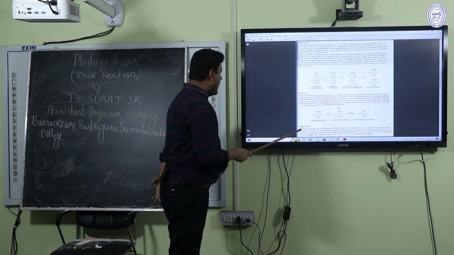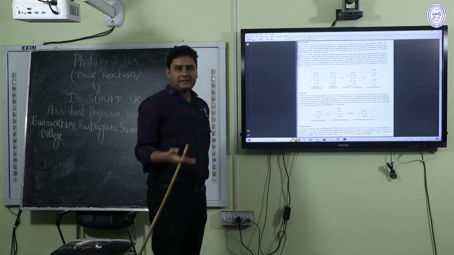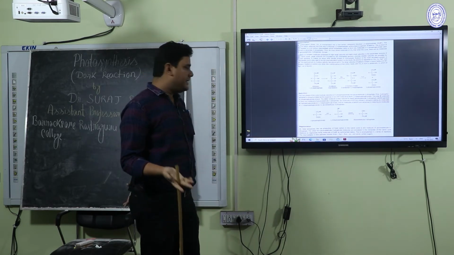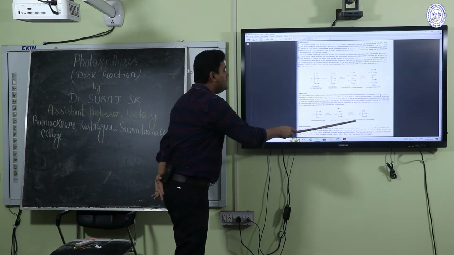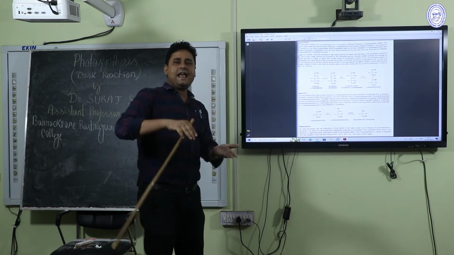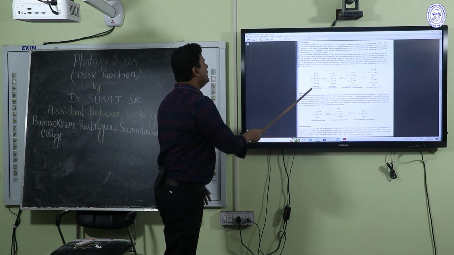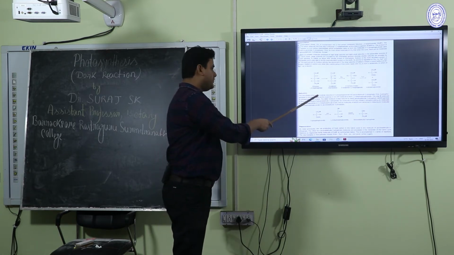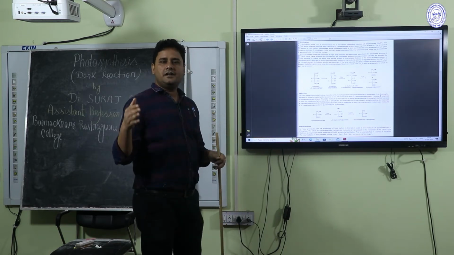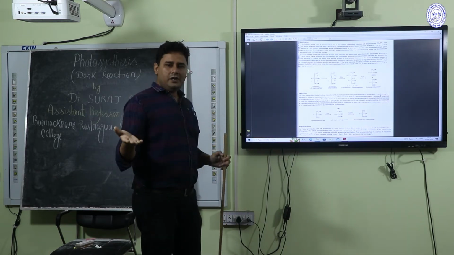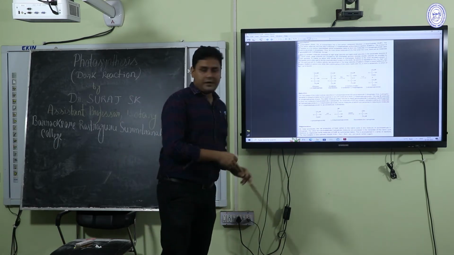Okay, and finally in regeneration, as I already mentioned, some portion of this glyceraldehyde 3-phosphate will again regenerate its own component, that is ribulose 1,5-bisphosphate, and some portion of glyceraldehyde 3-phosphate will produce starch and sucrose.